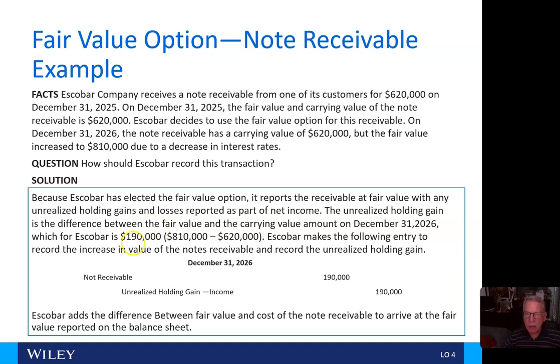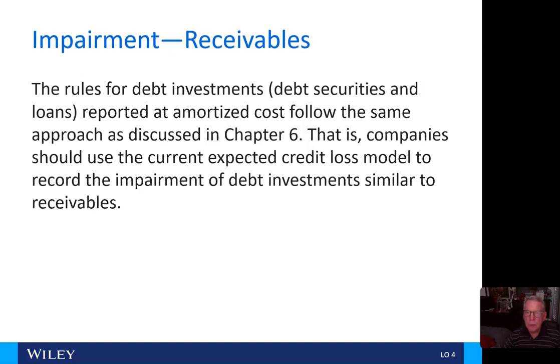And in this case, that's $190,000, representing this $810,000 less the $620,000. So we're going to debit note receivable for $190,000 and credit the unrealized holding gain - income for $190,000. Escobar adds the difference between that fair value and cost of the note receivable to arrive at that fair value.